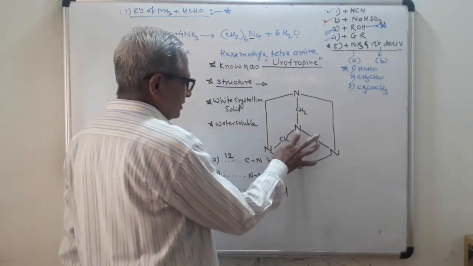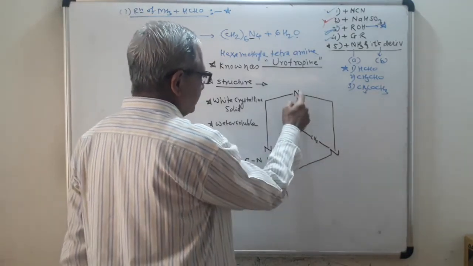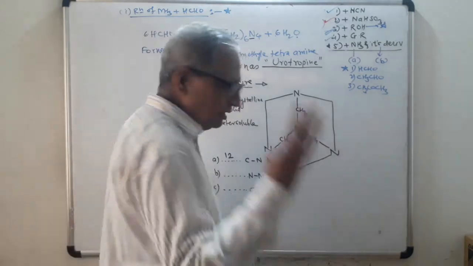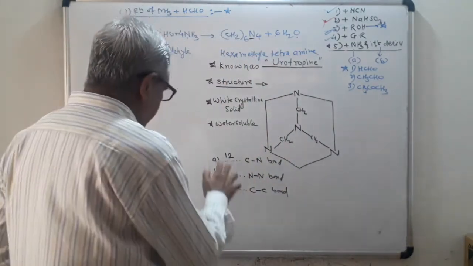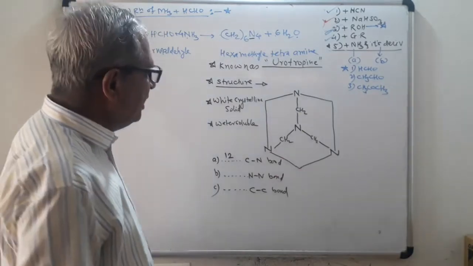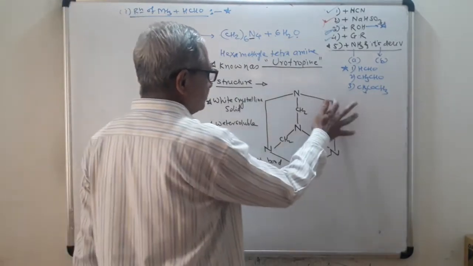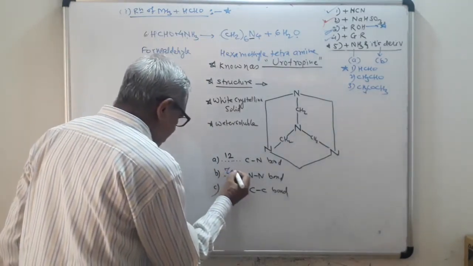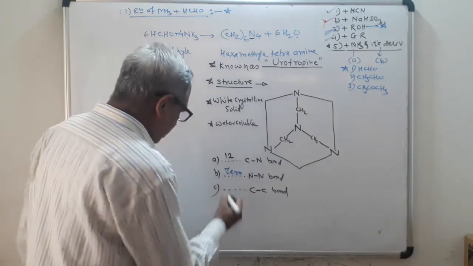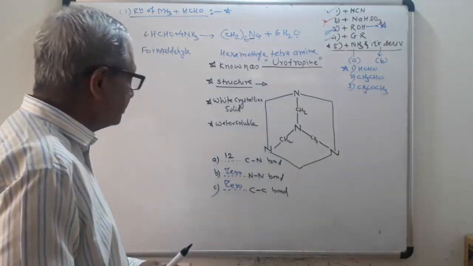Suppose you select the central one, it is attached to 3 carbon atoms. Similarly, this is attached to 3 carbon atoms. There are 4 nitrogen atoms. 4 multiplied by 3 is equal to 12. Now see here, how many carbon carbon bonds? Select any carbon atom. This one is not directly attached to another carbon. Therefore, there are 0 carbon carbon bonds and 0 nitrogen nitrogen bonds. So these are the important questions.